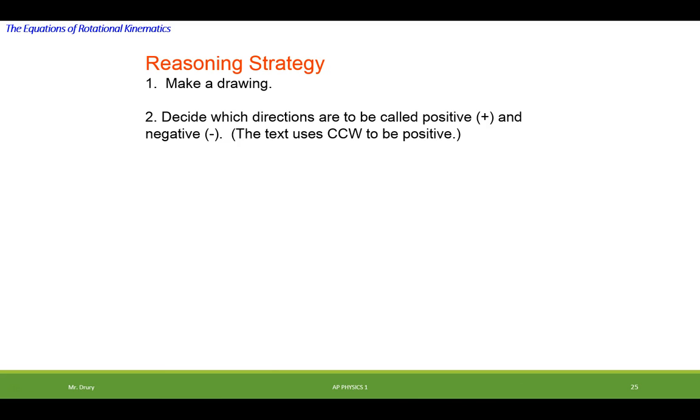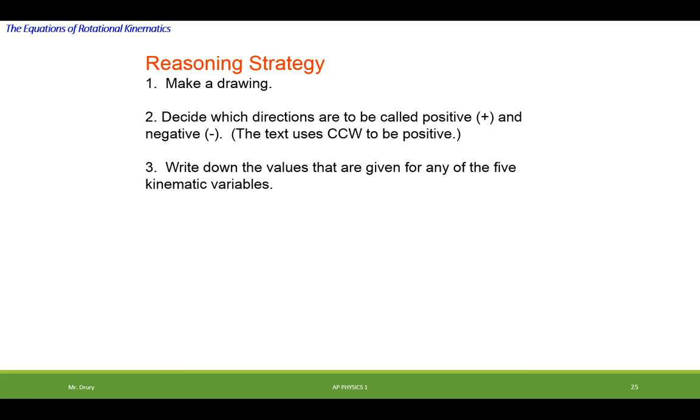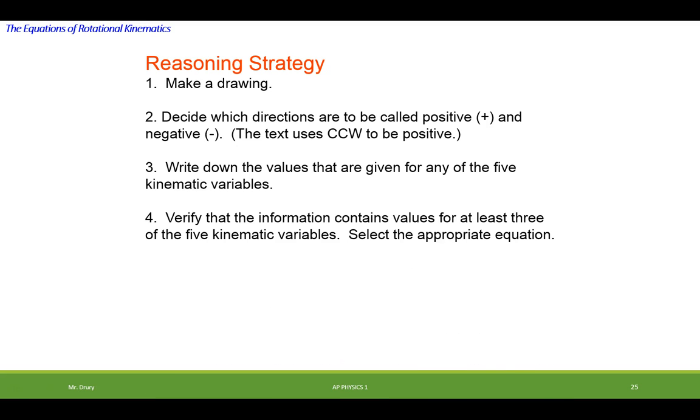So how do we solve problems like this? Well, it's really the same. You're going to make a drawing. You decide which way is positive. The convention is that counterclockwise is positive. You're going to write down any of the variables that we know, like any of the 5 variables, and you're going to hopefully have at least 3 of the 5 kinematic variables.